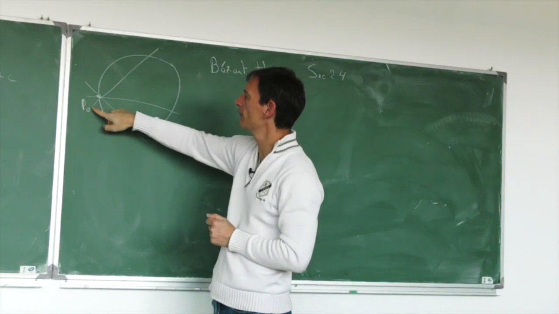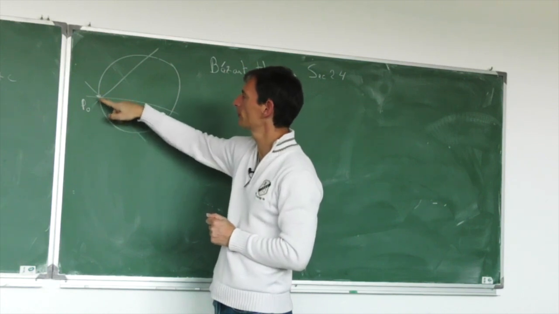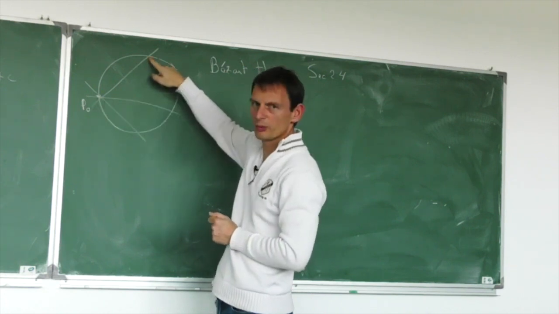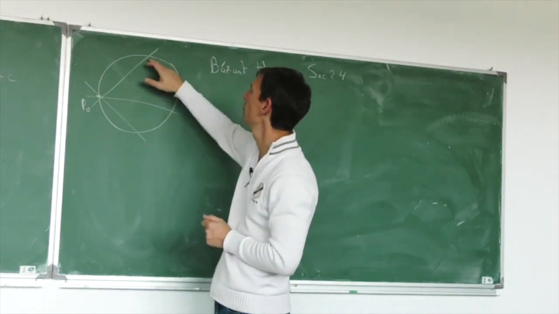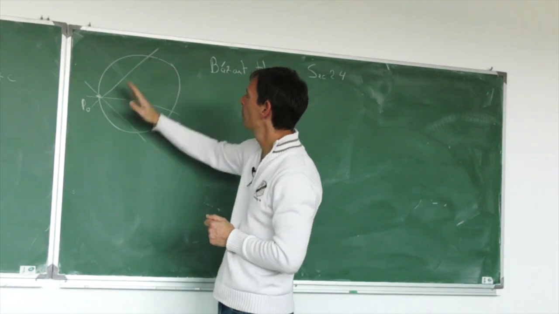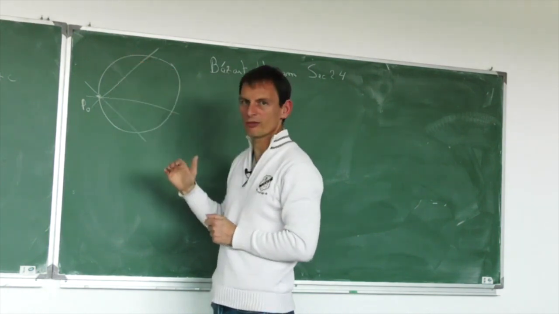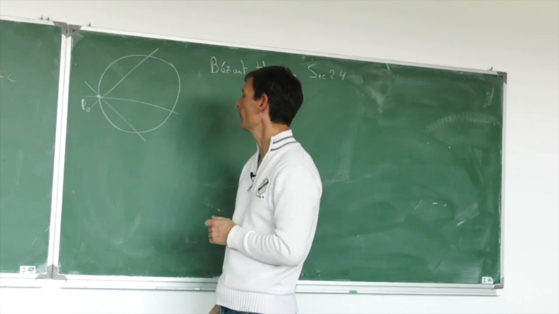And as this one is rational, this one is going to be rational as well. You could prove that, for instance, with the Galois action as we did before. So for each line, I'm going to have at most one other point.